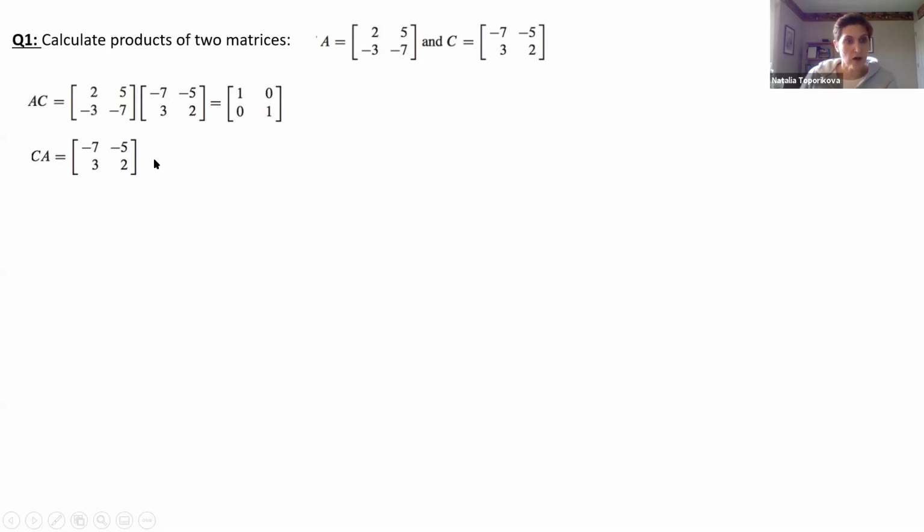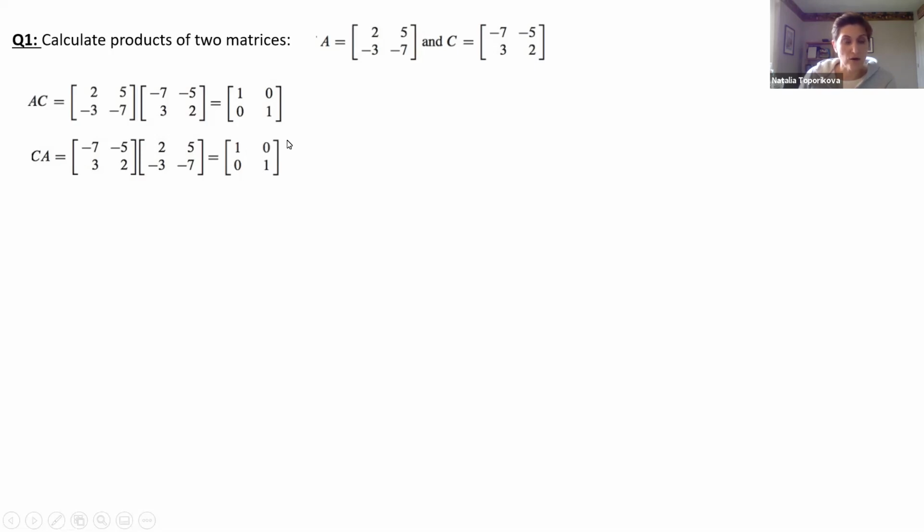But okay, let's take our matrix C and multiply by matrix A. Again, we multiply the first row by the first column, the first row by the second column, and do all these row-column operations. And surprisingly, we come up with exactly the same result. It's also the identity 2 by 2 matrix.